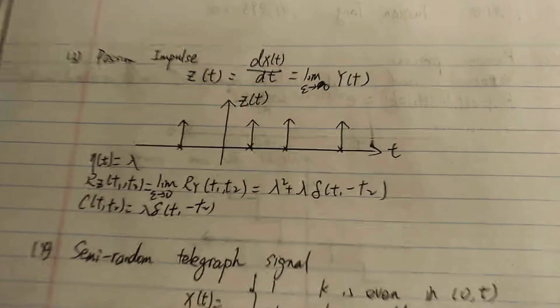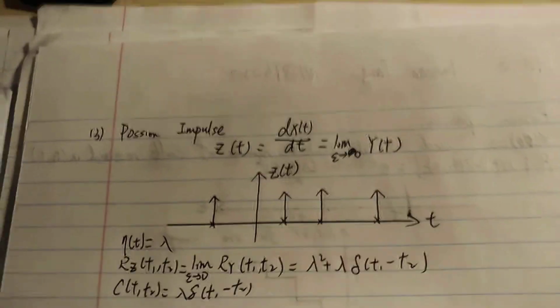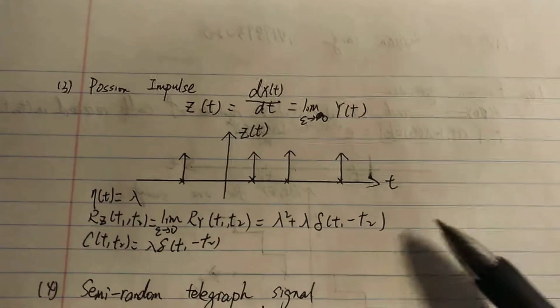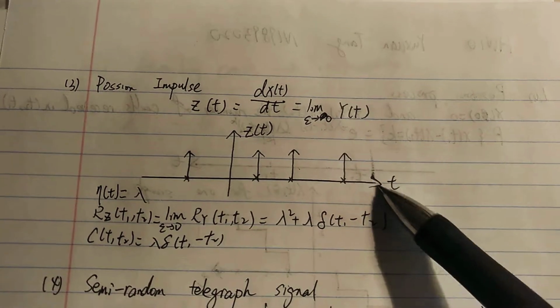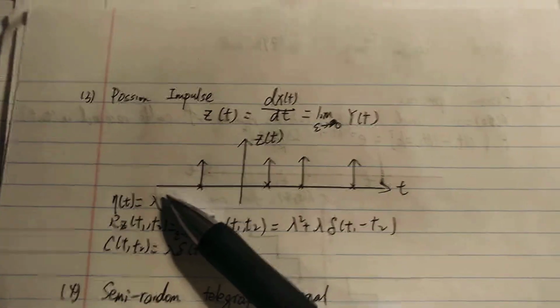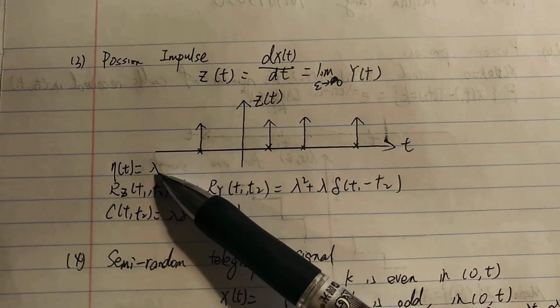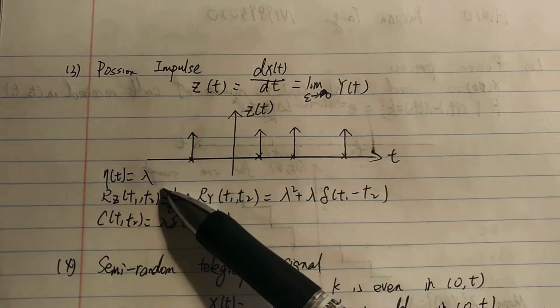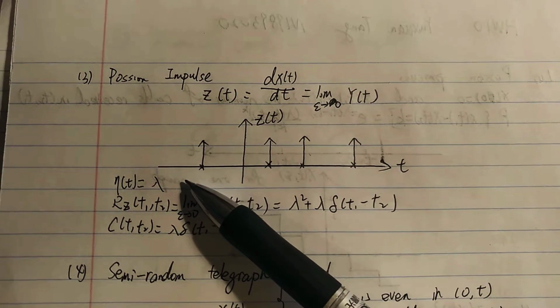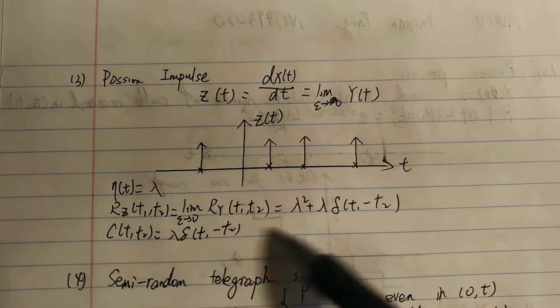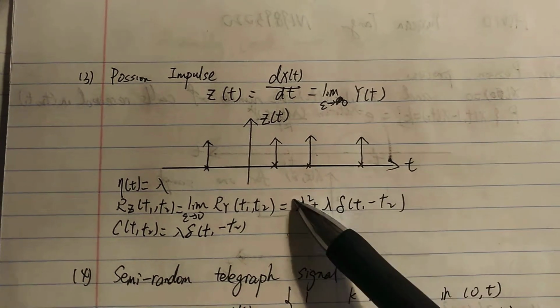And the third one is the Poisson impulse, which is written in this form. And the graph is here. The mean of the Poisson impulse is lambda, and the autocorrelation equals this one.